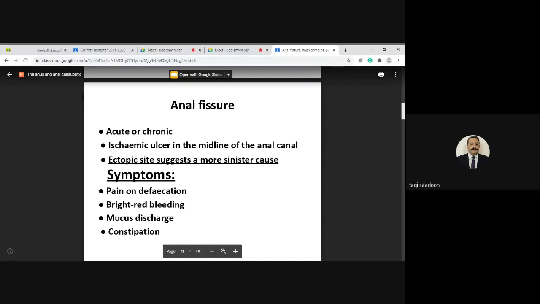So he postpones defecation. And this causes more constipation because, as we mentioned in the physiology, the normal function of the rectum is absorption of water and electrolytes. So the more the patient postpones defecation, the more constipation. Also, there may be bright red blood with a mucus discharge and constipation.